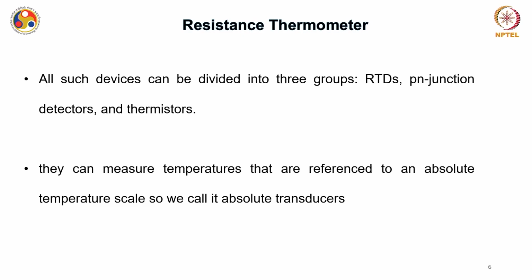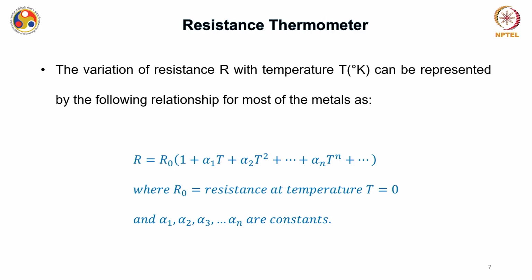They can measure temperatures that are referenced to an absolute temperature scale, so we also call them absolute sensors or transducers. The variation of resistance R with temperature T can be represented by the following relationship for most metals, as you will see that in RTDs we mostly utilize certain kinds of metals.